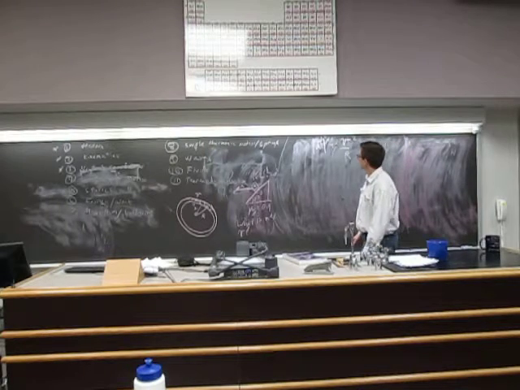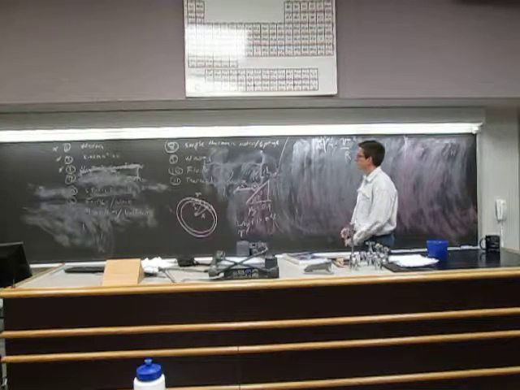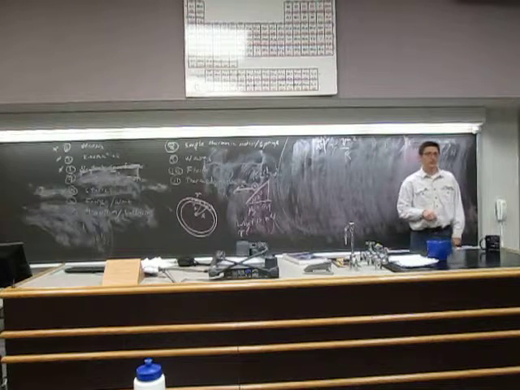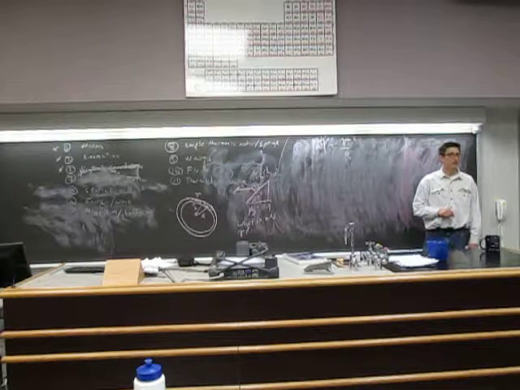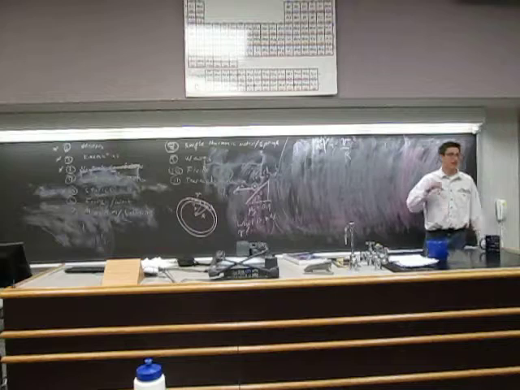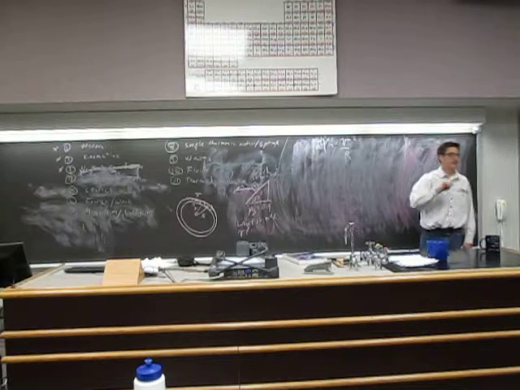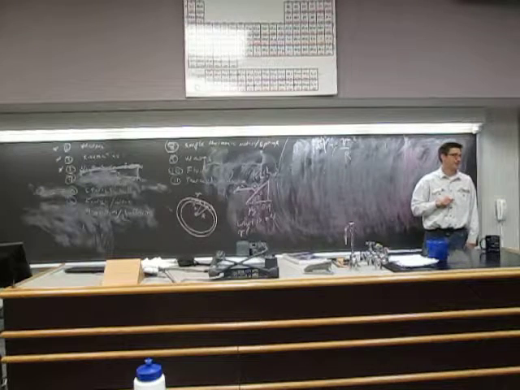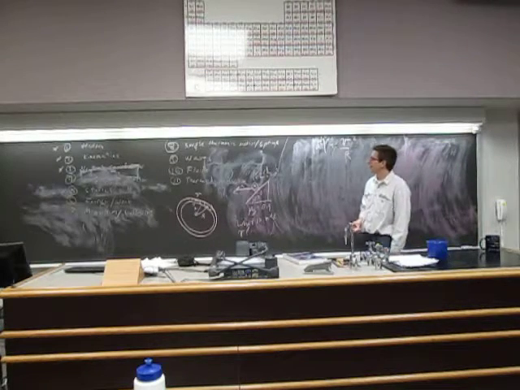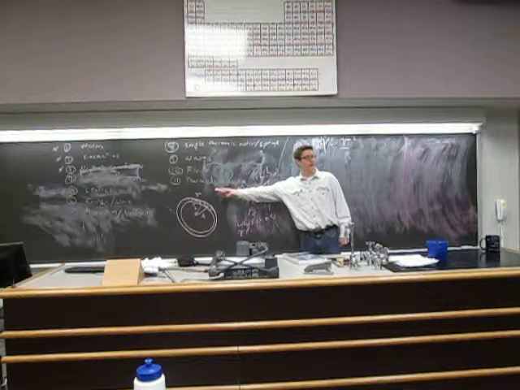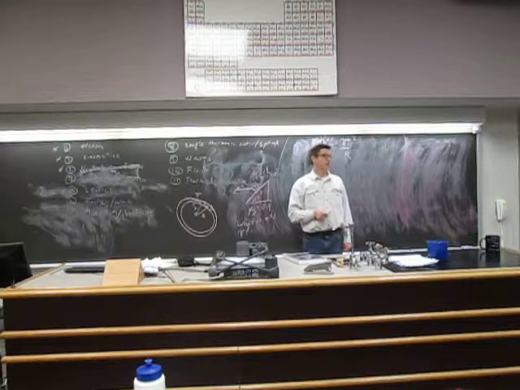Okay, let's see if we can understand this picture very carefully. It's a block on a plane, but the acceleration isn't down the plane. There's actually an acceleration this way, towards the center of the circle.